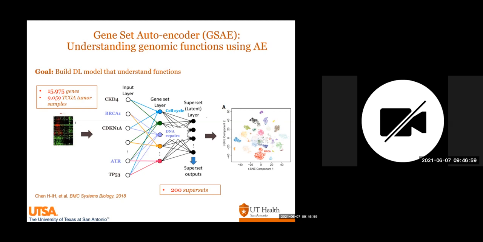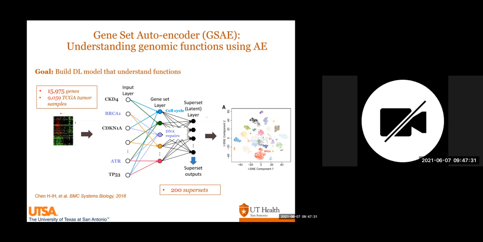So for that goal, we built a so-called autoencoder. However, this is not just a regular autoencoder. The architecture is structured based on the biology and specific biological pathways, so that in addition to capturing at the output layer the characteristics of these gene expressions, we are also able to understand the biology or the pathways that are unique to different cancers.